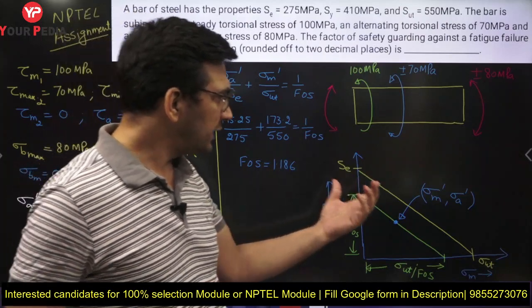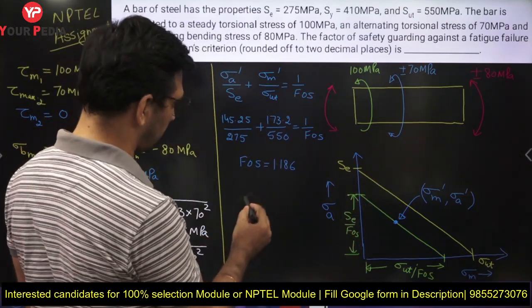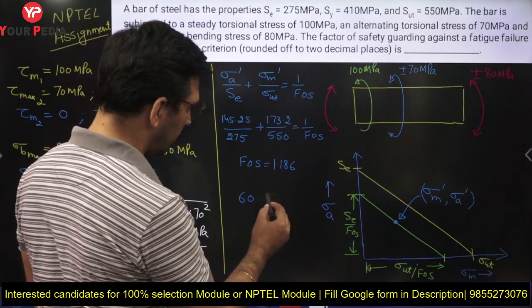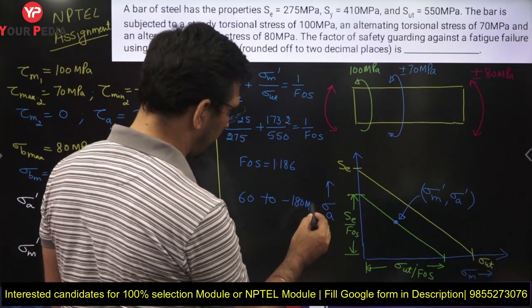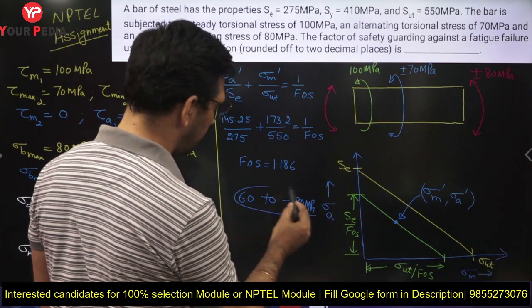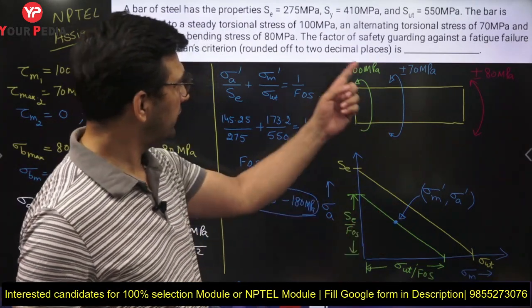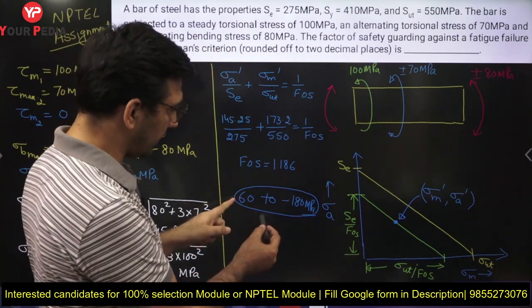See, in a simple case, let us say if I had given you a fluctuating bending stress, fluctuating from 60 to minus 180 megapascal, then it was simple. He is asking to calculate the factor of safety using the Goodman line, the Goodman diagram.